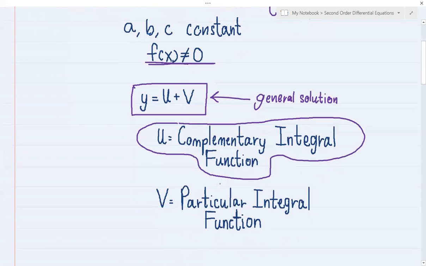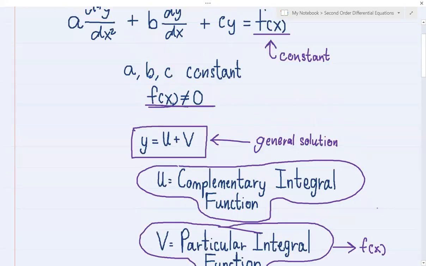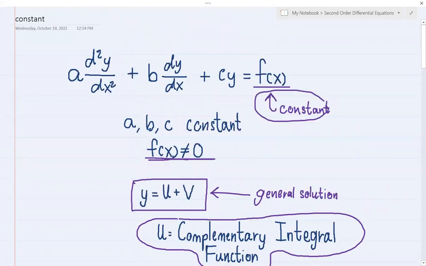On the other hand, your v, it depends on your f of x, or your function.